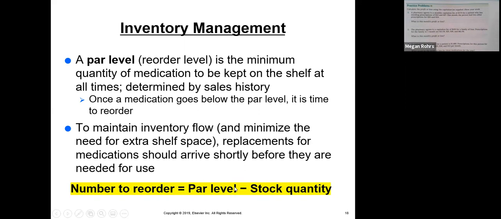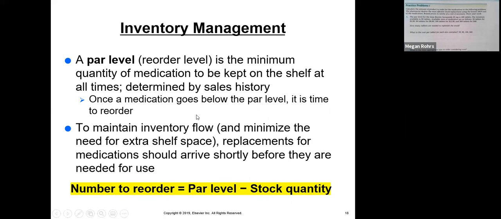For example, if we wanted to keep 500 tablets of cetirizine 10 milligrams in stock at one time, and we only had 200 tablets on the shelf, well, 500 minus 200 would be 300, right? We would want to order 300 more to get us back up to that par level. So calculations with par level are just simple subtraction problems.